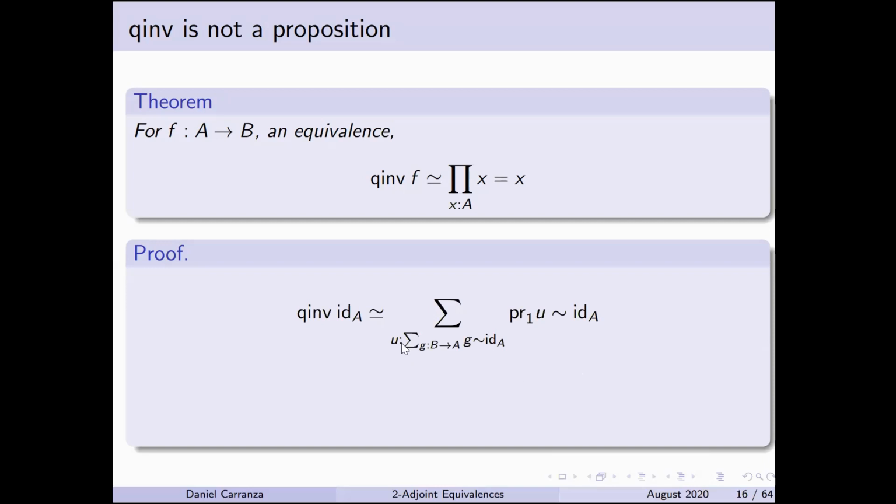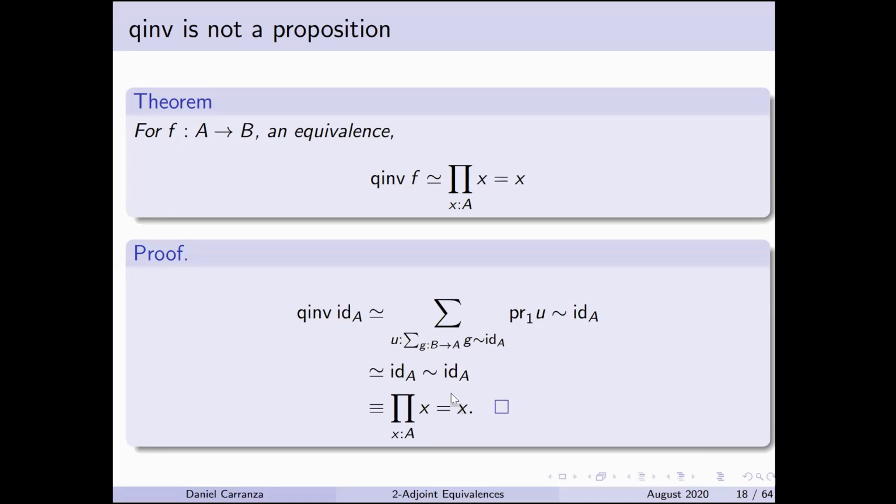This is a contractible type, and notably the center of contraction for G is going to be sent to the identity on A. So after I simplify, I end up with just this, right? Plugging in the identity here. So I get a homotopy from the identity on A to the identity on A. And if I just remember that homotopies are a special kind of pi type, I get exactly the equivalence that I was looking for.